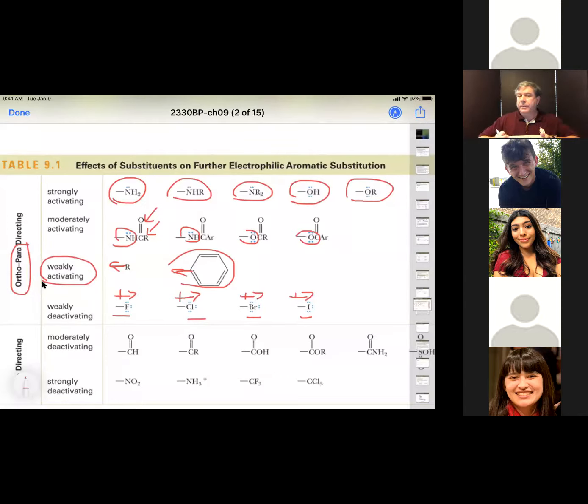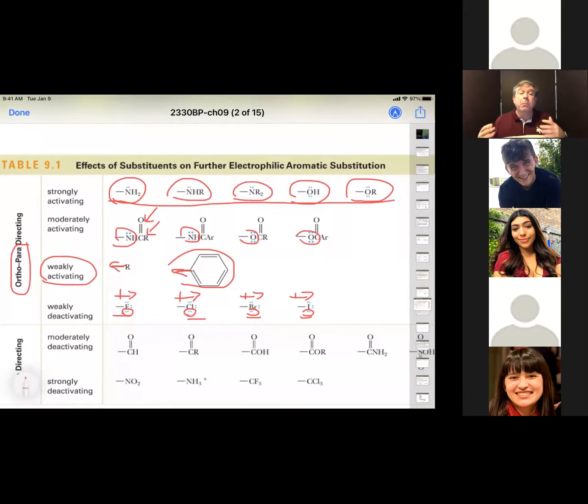Why are they ortho-para directors? Okay, they're ortho-para directors because they have lone pairs. They all have lone pairs, and these lone pairs can contribute to stabilizing that charge. Notice everything with lone pairs is an ortho-para director. Okay, so that's a really good indication as to whether you're going to be an ortho-para director.